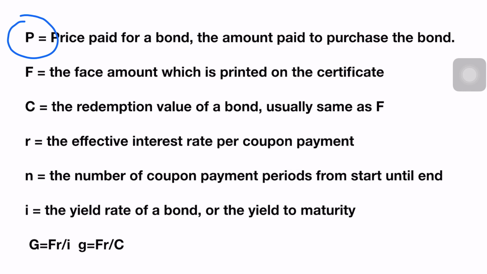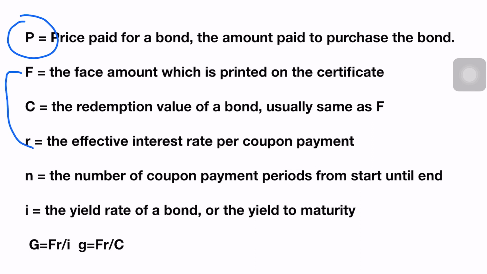We will still get the par value after the year of maturity, and in the meantime, we will also get the coupon payments. R is used to calculate the coupon payment. For example, F times R will be the amount of the coupon payment.